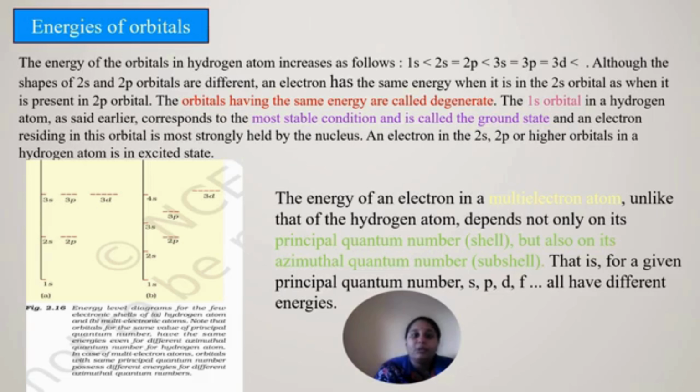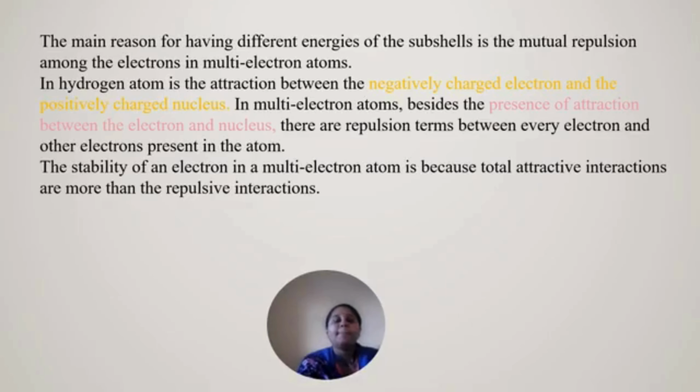But for multi-electron atoms, the energy depends on the principal quantum number and also the azimuthal quantum number, as all the orbitals have different energies with respect to the number of electrons. The main reason for having different energies of the subshells is the mutual repulsion among the electrons in the multi-electron atom.